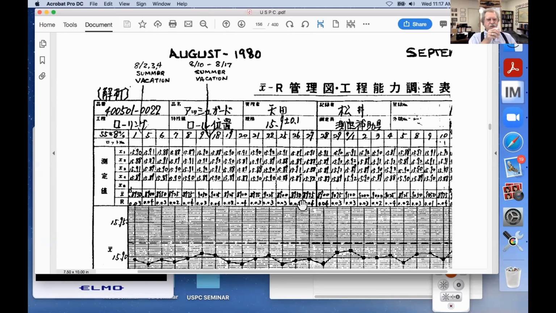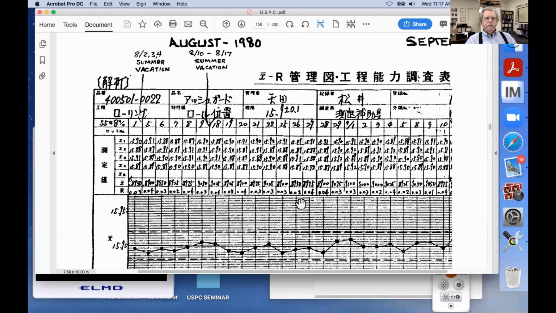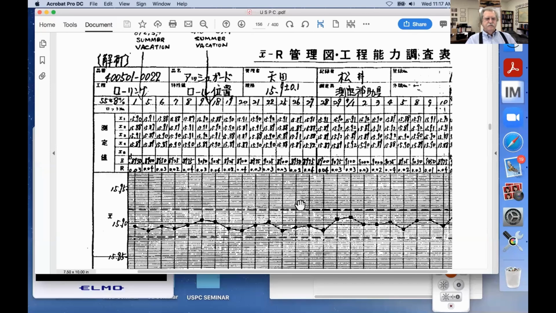What can you tell me about this process? From this chart right here. Is it being operated predictably? Yes. Predictable. What's the subgroup size? 4.